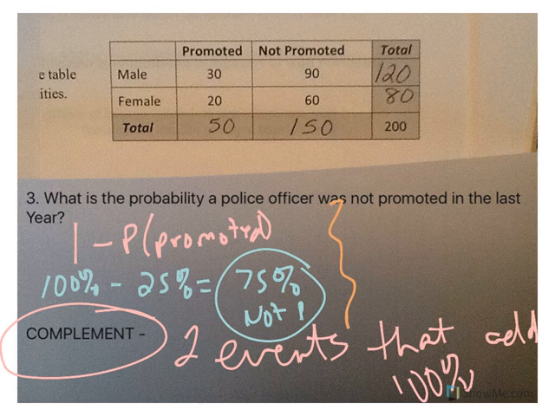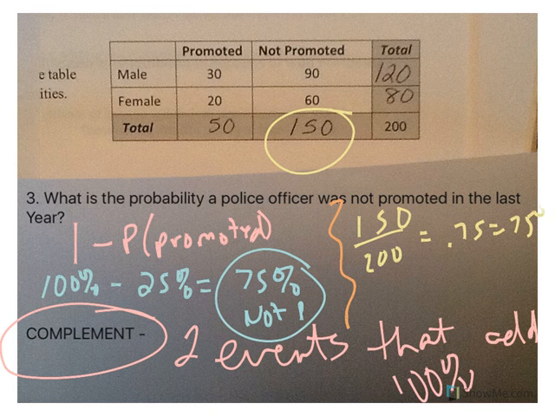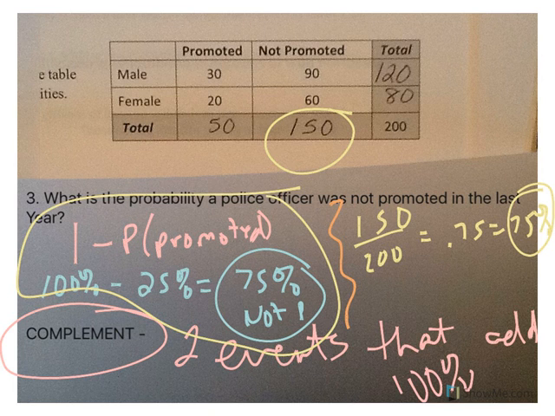Now, in terms of this table, because you might say, I can just look at the table. Totally true, and if you can, you probably should. Not promoted is 150 out of 200, which is 0.75 or 75%. The deal is, you don't always have a nice probability table. Sometimes you're given some information, but not all, and you have to use this concept of 1 minus promoted to get not promoted, because promoted and not promoted together equal 100%.